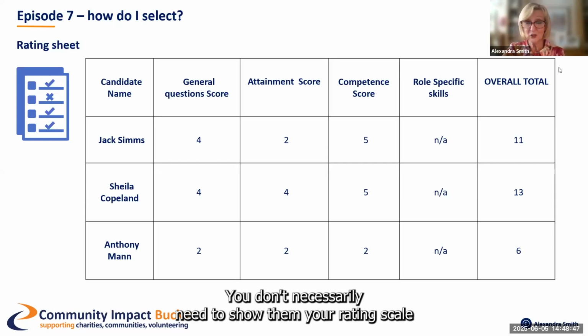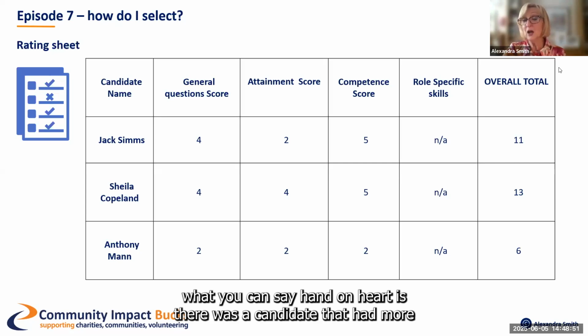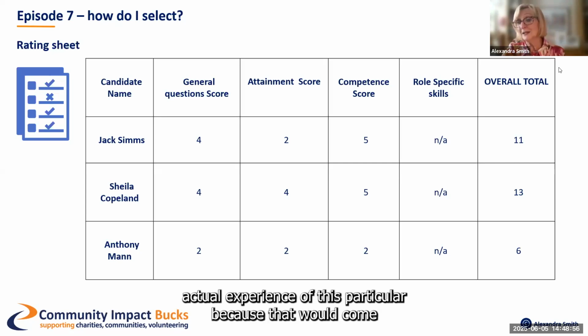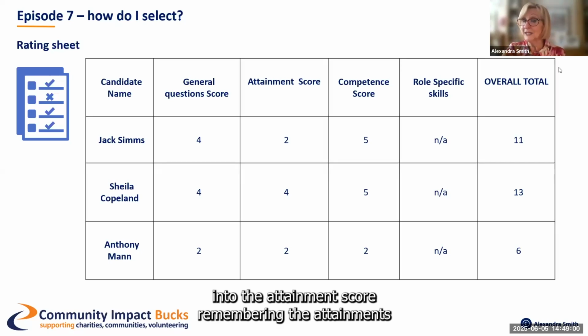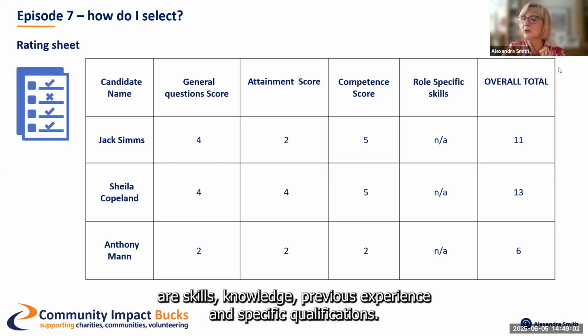You don't necessarily need to show them your rating scale, but what you can say hand on heart is there was a candidate that had more actual experience, because that would come into the attainment score, remembering that attainments are skills, knowledge, previous experience, and specific qualifications.